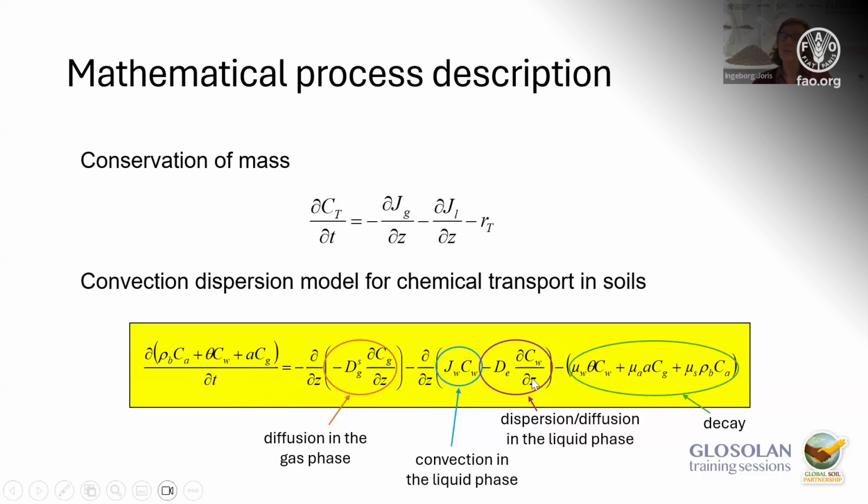Then there are dispersion and diffusion, the spreading of the concentrations, and degradation. These are all the processes that can take place. They don't always take place. But it's quite a big equation, of course. It's a partial differential equation, so it's not so easy to solve. This is not something that you solve by hand, but it is behind the models for transport of chemicals in soils.